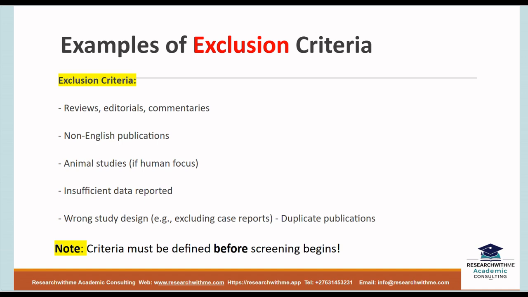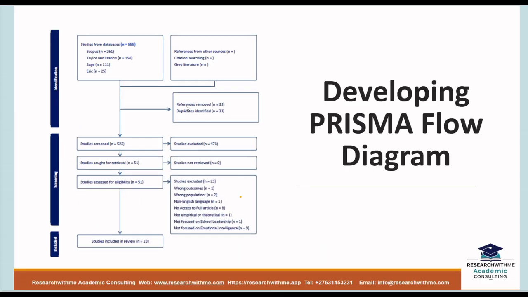Fine, it is possible that somebody replicates a study, but in this case, you may choose not to use the replica, meaning you are only concerned with the primary study. So all these criteria need to be discussed, need to be trashed out, need to be established before the screening begins. Let's go to the next one.